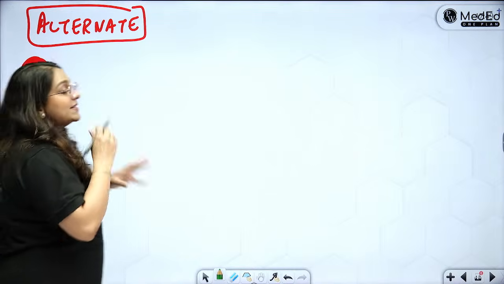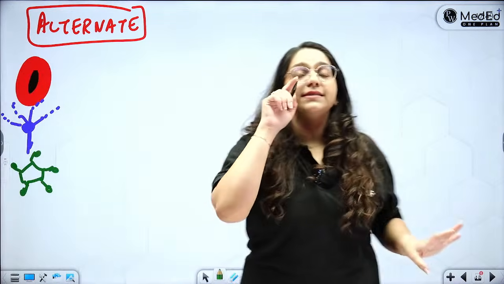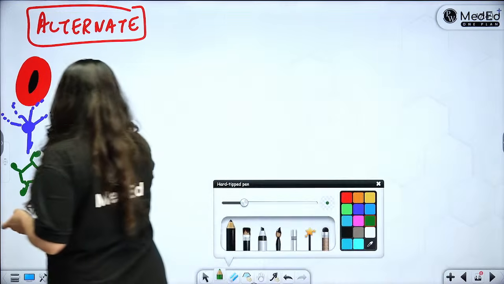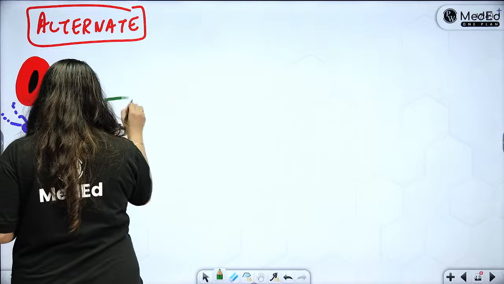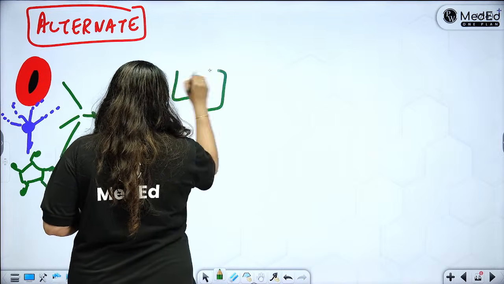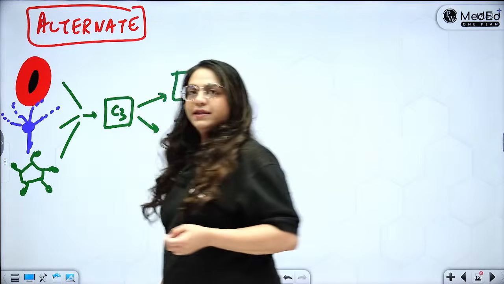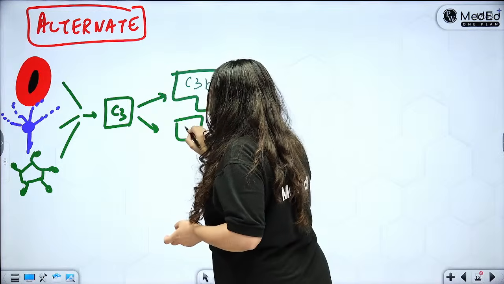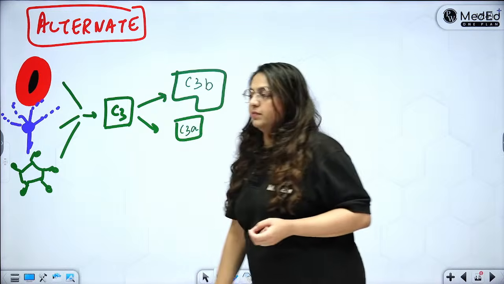So the moment C3, which was floating about normally, saw any of these, it lost its mind and spontaneously hydrolyzed into two fragments: a bigger C3b fragment and a smaller C3a fragment.